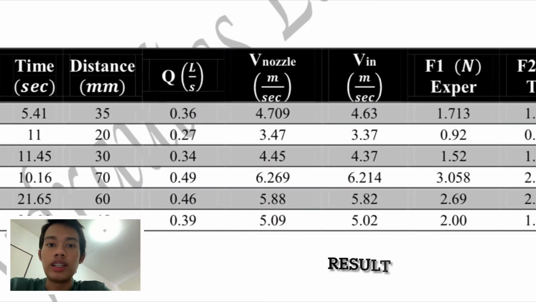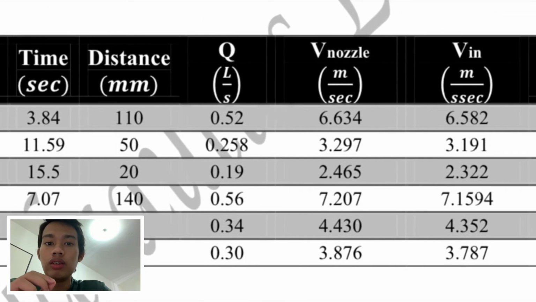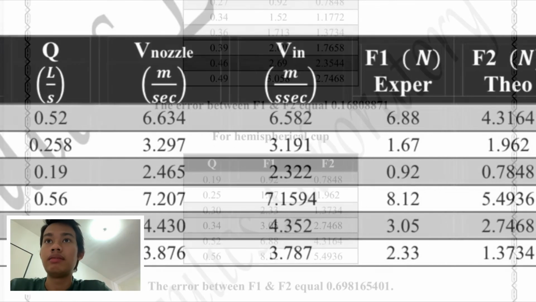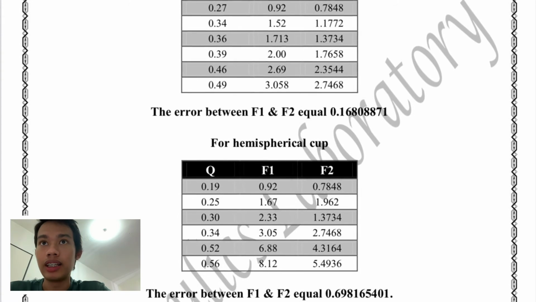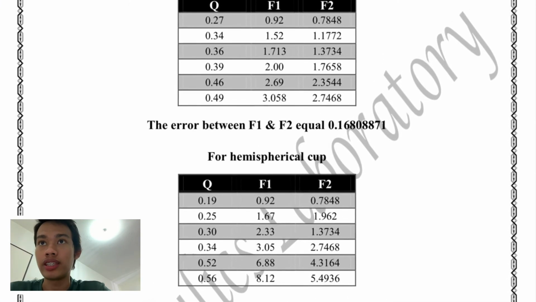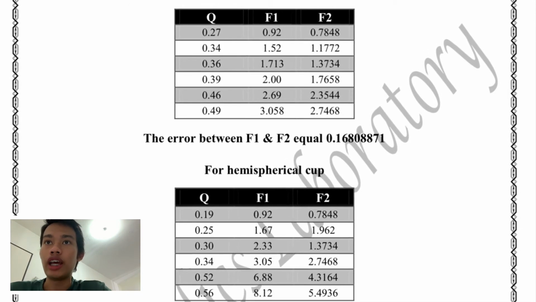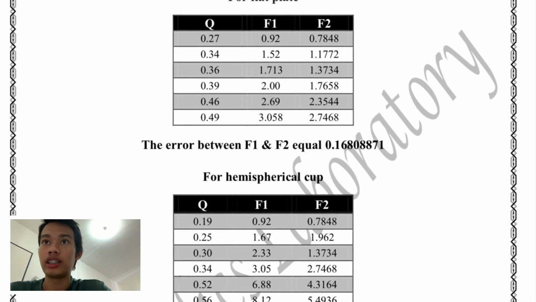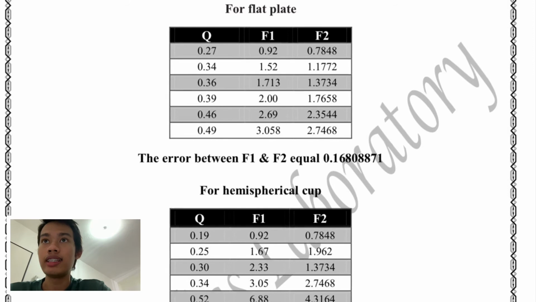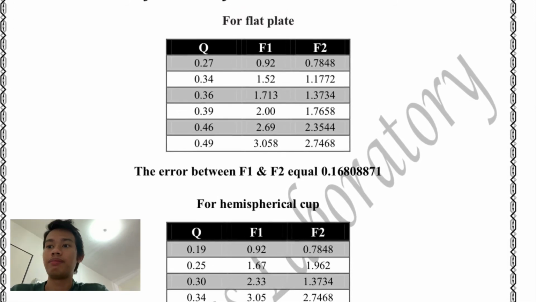The result of the experiment is shown in the figure. The theoretical value is from the formula that I gave earlier, and we can see that the error between F1 and F2 is 0.168 for a flat plate, and the error between F1 and F2 for a hemispherical cup is 0.6981, which is significantly larger than the flat plate.